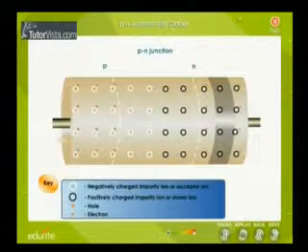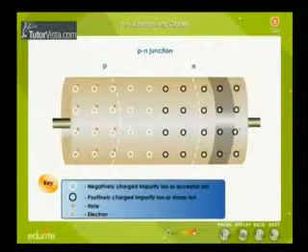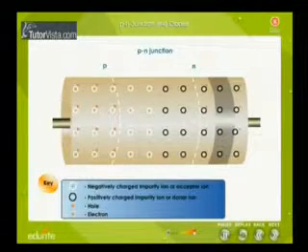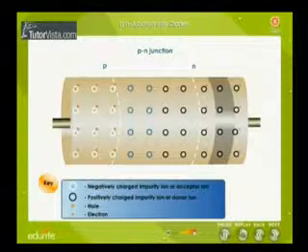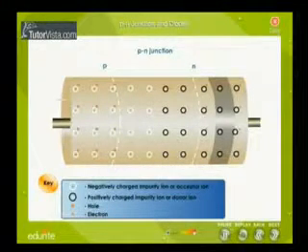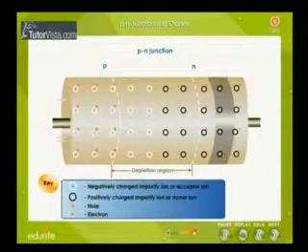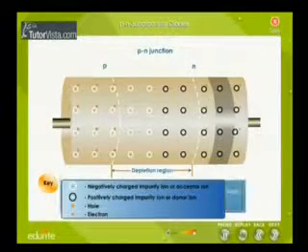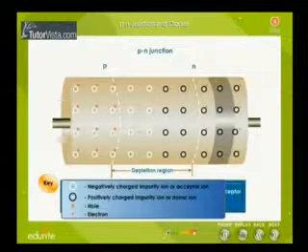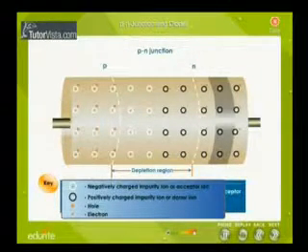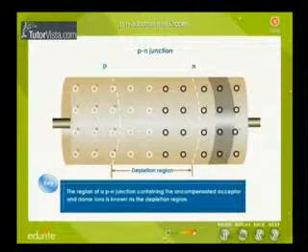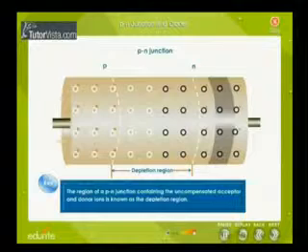Each recombination eliminates an electron and a hole. As a result, the positive donor ions in the N region and the negative acceptor ions in the P region are left uncompensated, and this region forms the depletion region. The region of a PN junction containing the uncompensated acceptor and donor ions is known as the depletion region. This region is named so because it is depleted of mobile charge carriers.